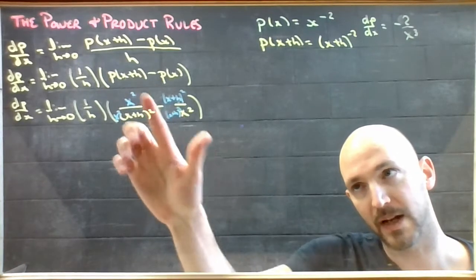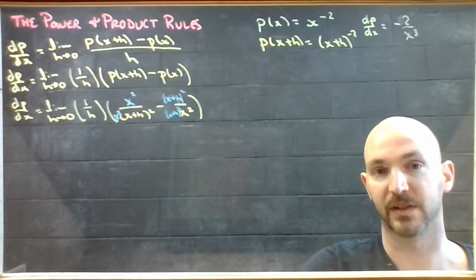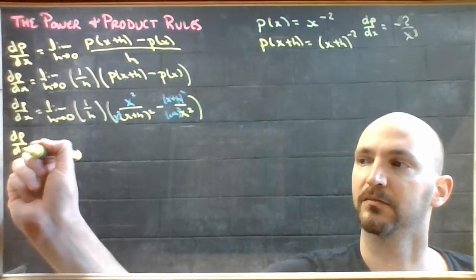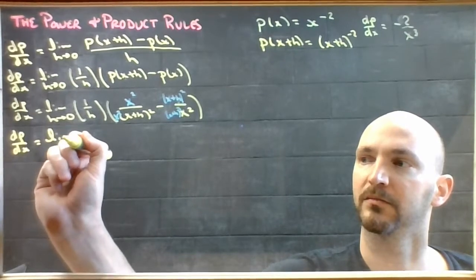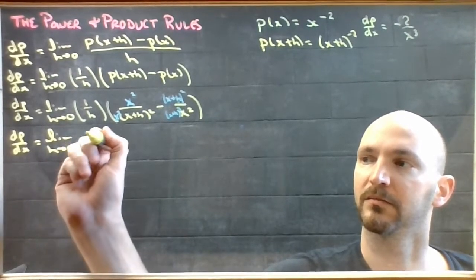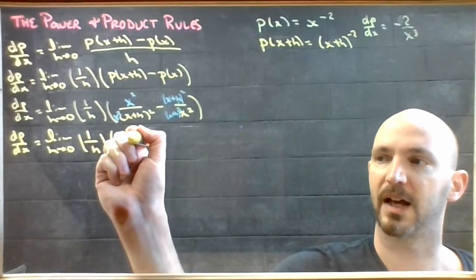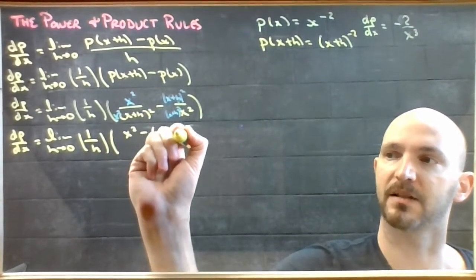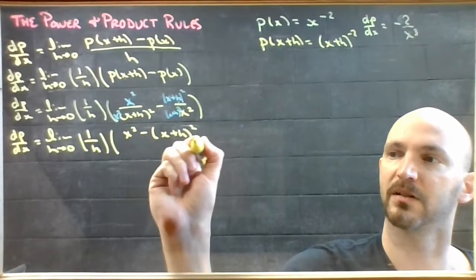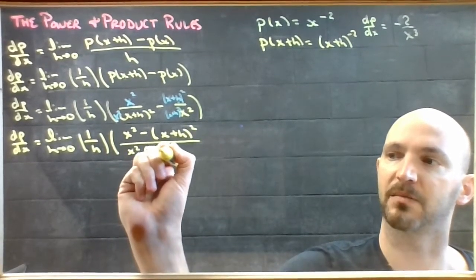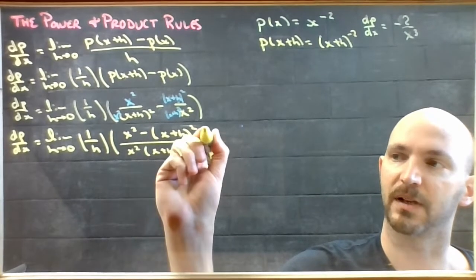So I'm going to write this as one combined fraction in my next line here. So I will have x squared minus x plus h squared over x squared x plus h squared.